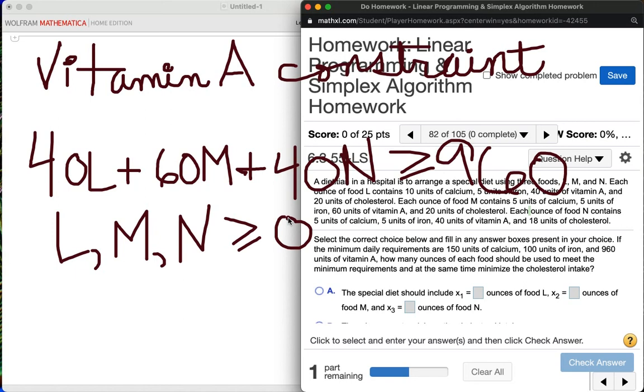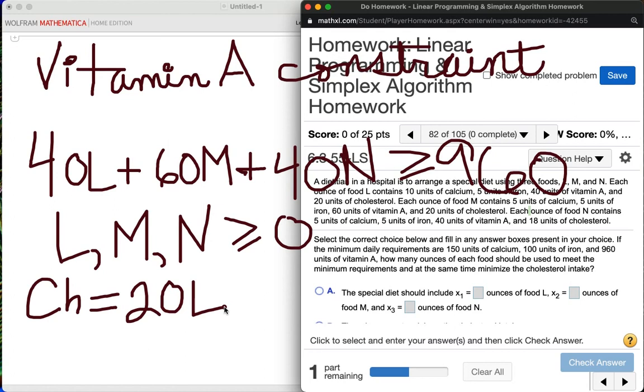What are we actually minimizing? We're minimizing cholesterol, the total amount of cholesterol in these servings of food. So I'm going to say cholesterol is just C, or if you prefer, CH. Cholesterol is going to be equal to, food L contains 20 units of cholesterol.